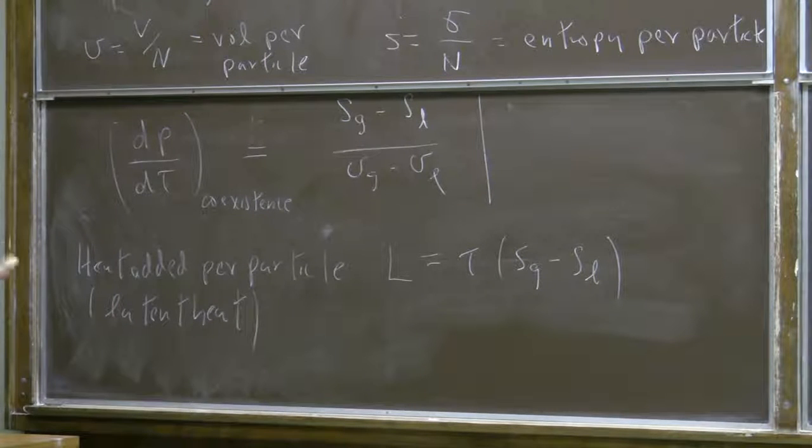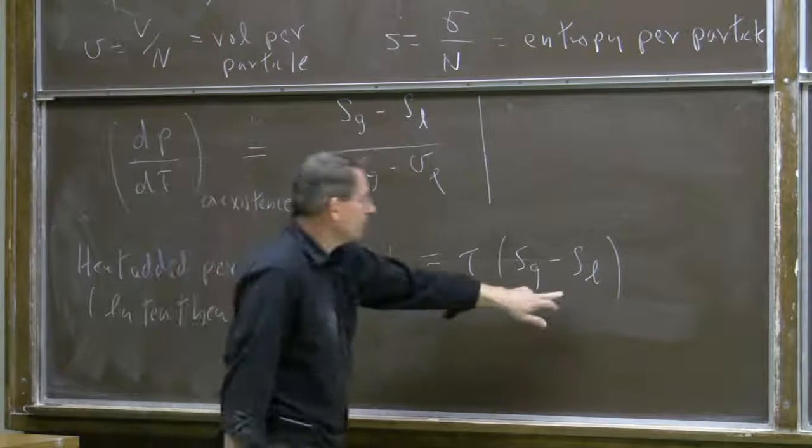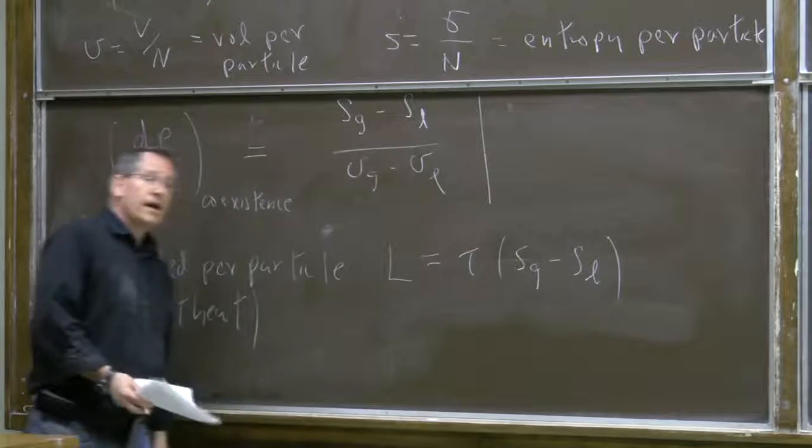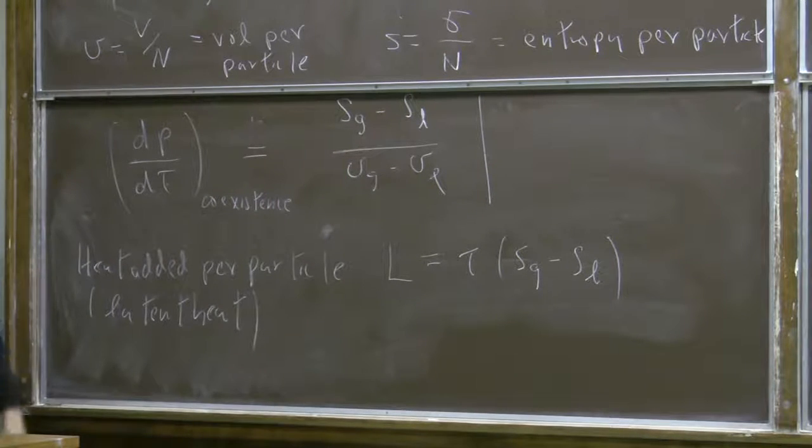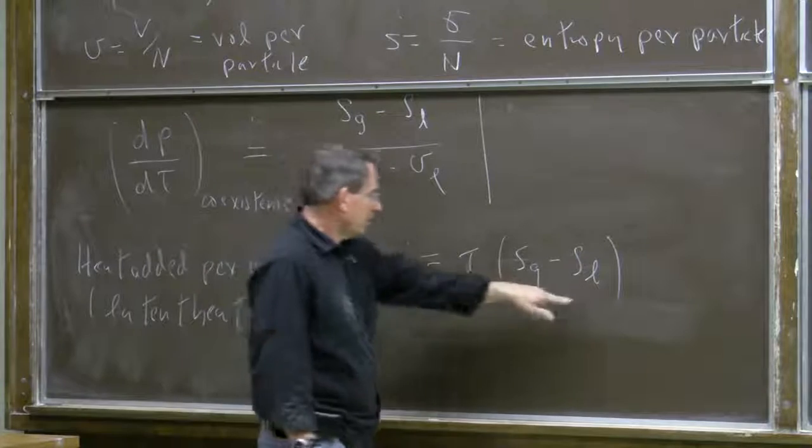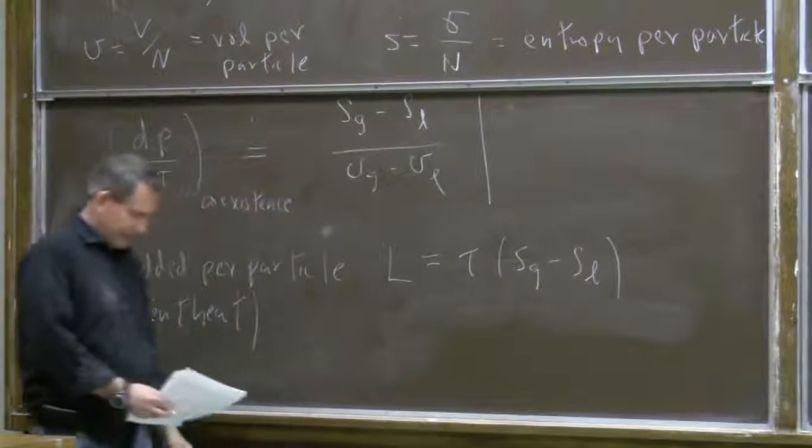Right? That's the amount of heat we have to add, tau times the change in entropy, to turn the liquid into a gas. So when we boil the liquid, this latent heat is positive. It's the heat that we have to add.